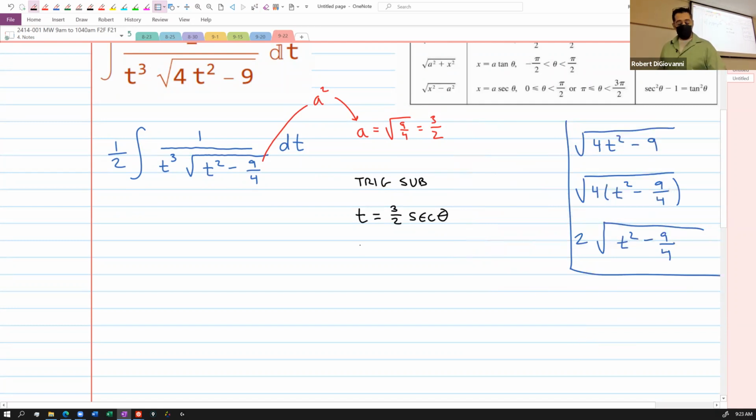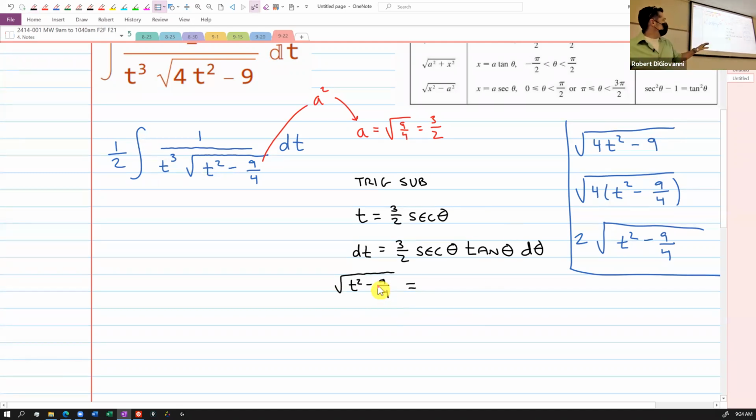Then I'll take the derivative, so dt will be 3/2 secant theta tangent theta d theta. And the square root of t squared minus 9/4, going off of what we did last time, can turn into A tan theta, so that's 3/2 tan theta.